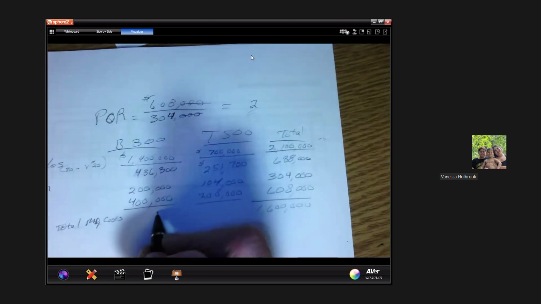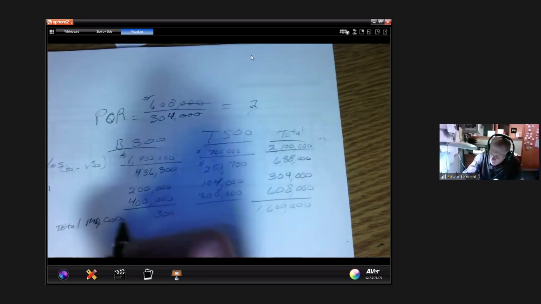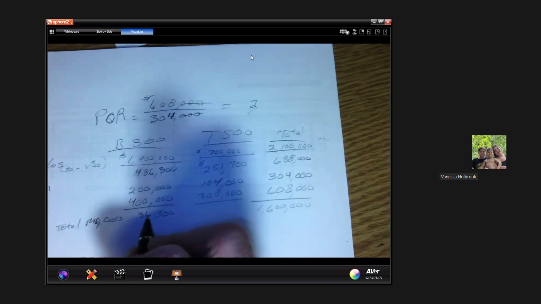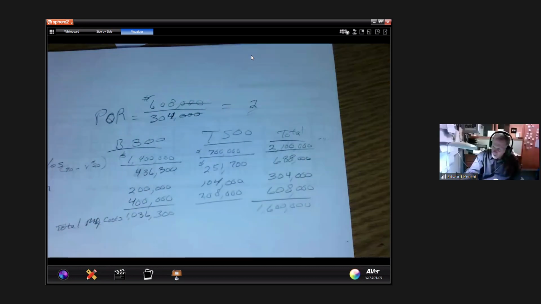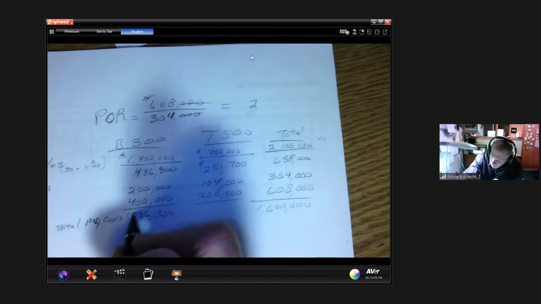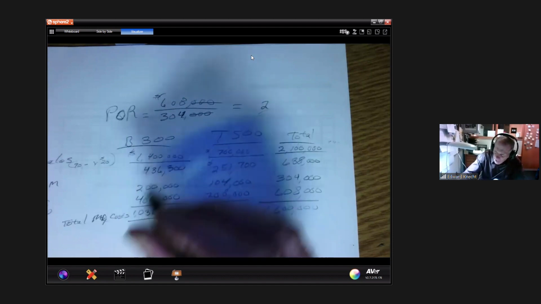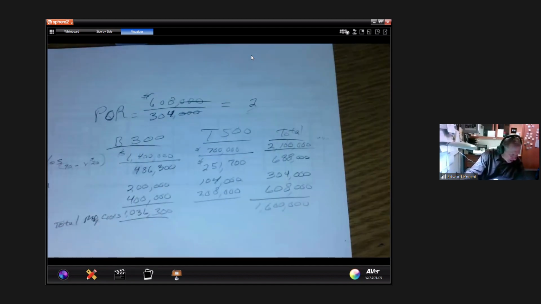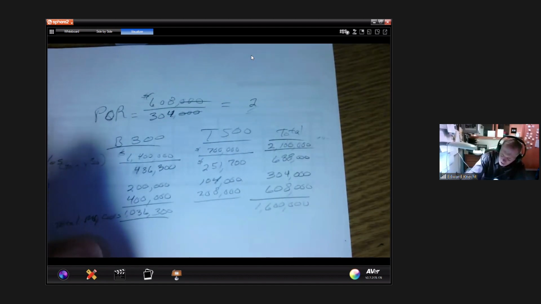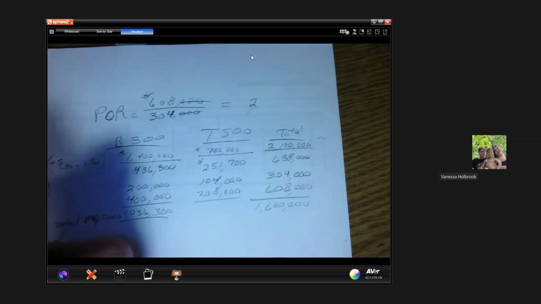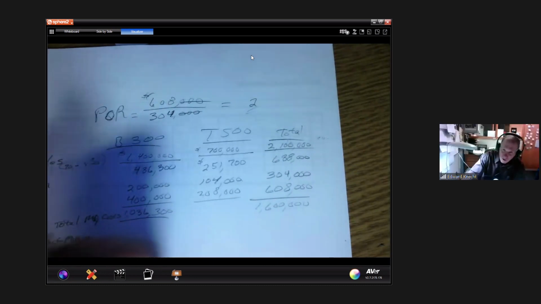So we'll add this up here and make sure I'm adding correctly. Is it $1,036,300? Yes. Okay, so now we're going to subtract that from sales. And would that give us our product margin? It would, wouldn't it?